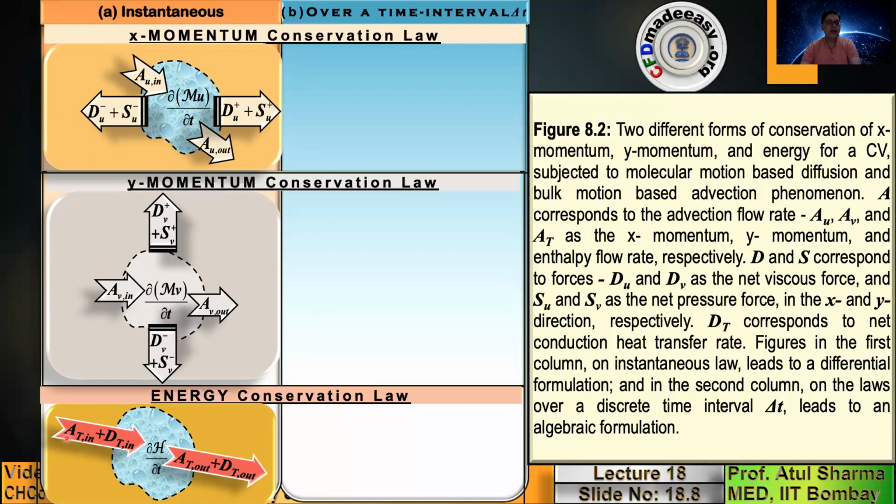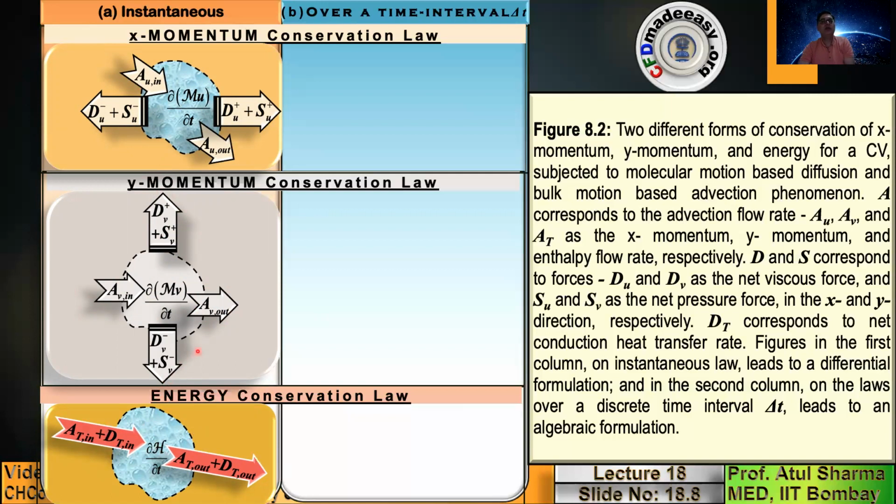This is the enthalpy flow rate entering into the control volume. This is the conduction heat transfer rate entering into the control volume. And similarly, these are the enthalpy flow rate and conduction heat transfer rate leaving the surface of the control volume. This term represents the rate of change of X momentum. This is the rate of change of Y momentum. This is the rate of change of enthalpy.